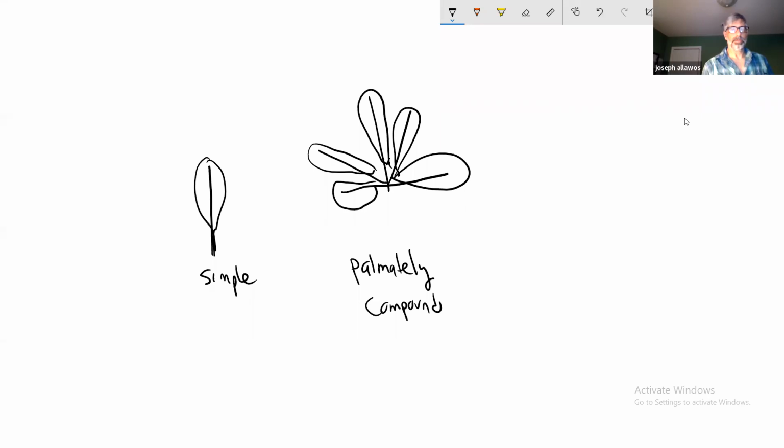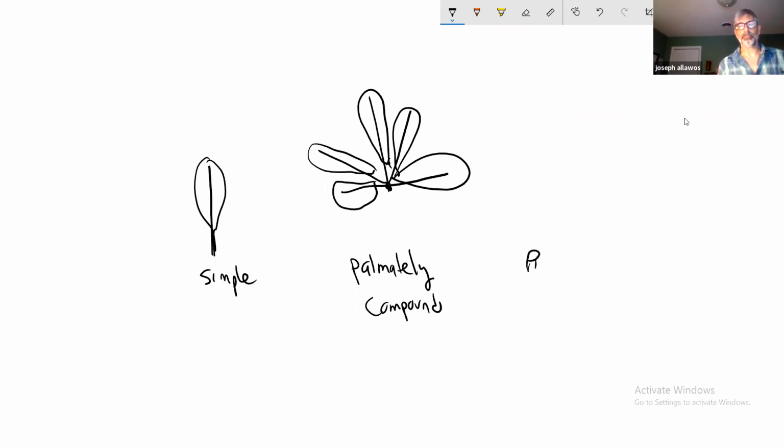Sorry, it's not very good art, but you get the idea, right? The thing about palmate is all of the major lobes or veins, if it's a lobed leaf, meet at a central point like this. And we're going to see examples of all this. It's just helpful to draw it out before we do examples, or before we actually look at it.